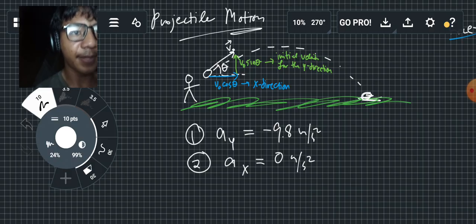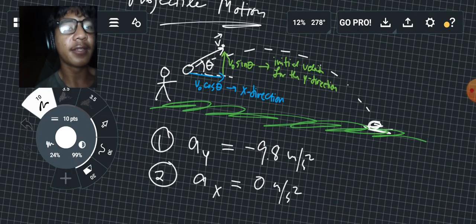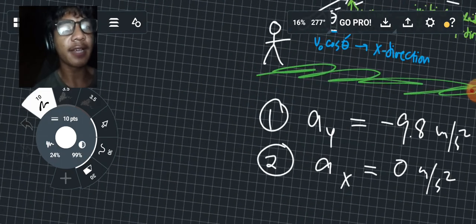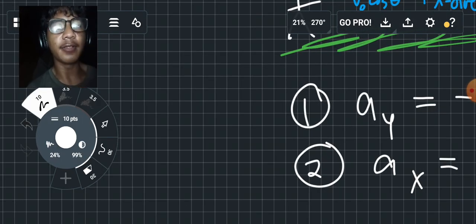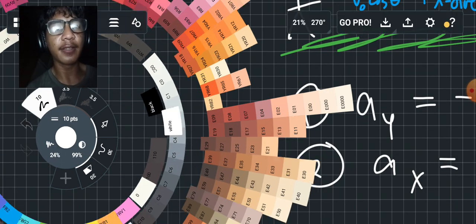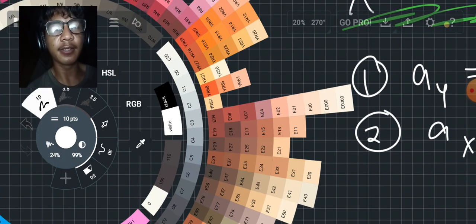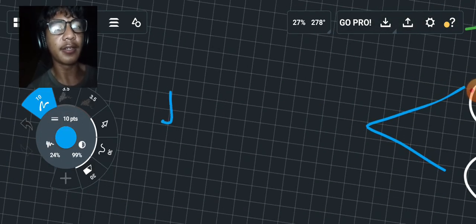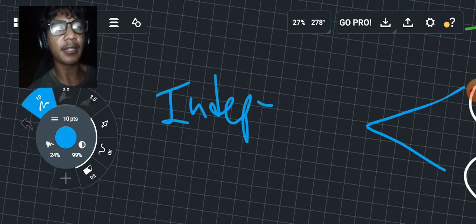Okay, so now how do we derive our formulas from here on? Well, what do we do? We first have to take into account that these two are independent.